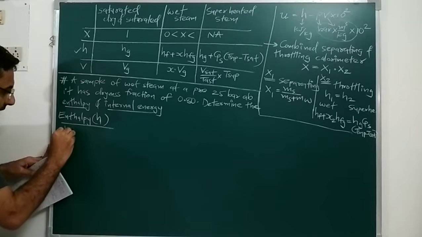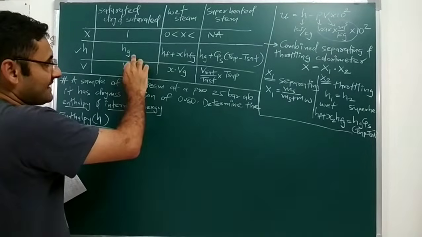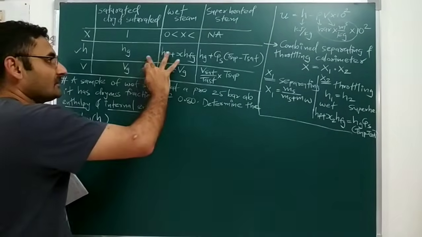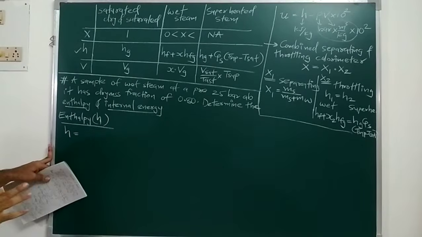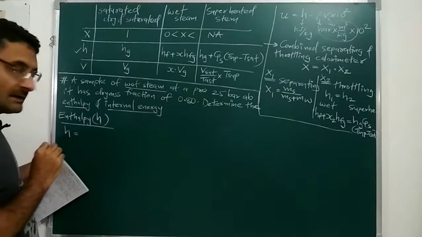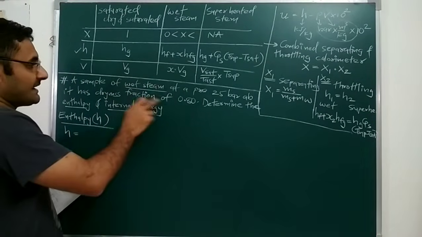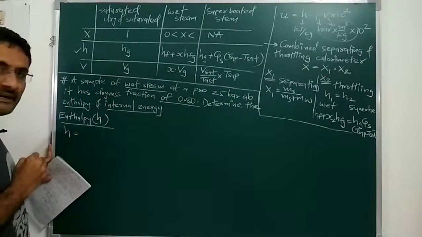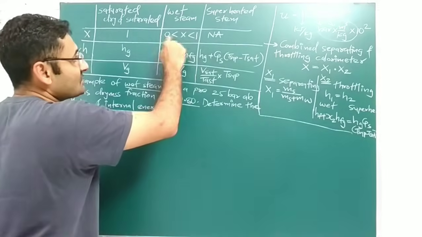If you want to find the enthalpy, we have three different equations. First one is Hg, second one is this, and third one is that. First of all, you have to decide which equation is applicable for the given example. It is clear that the numerical says wet steam. Even if wet steam is not stated, you can say the given steam is wet because the dryness fraction is given, which is 0.80, and for wet steam the dryness fraction lies between 0 and 1.